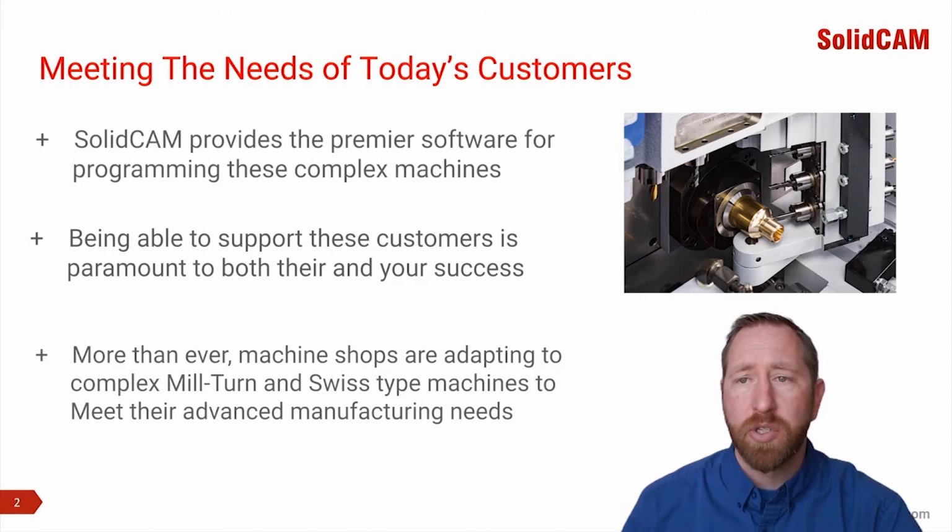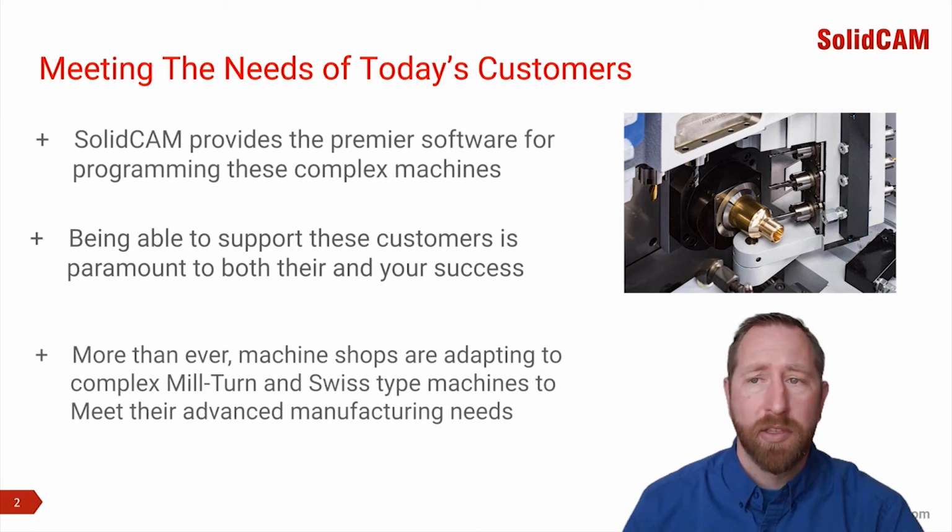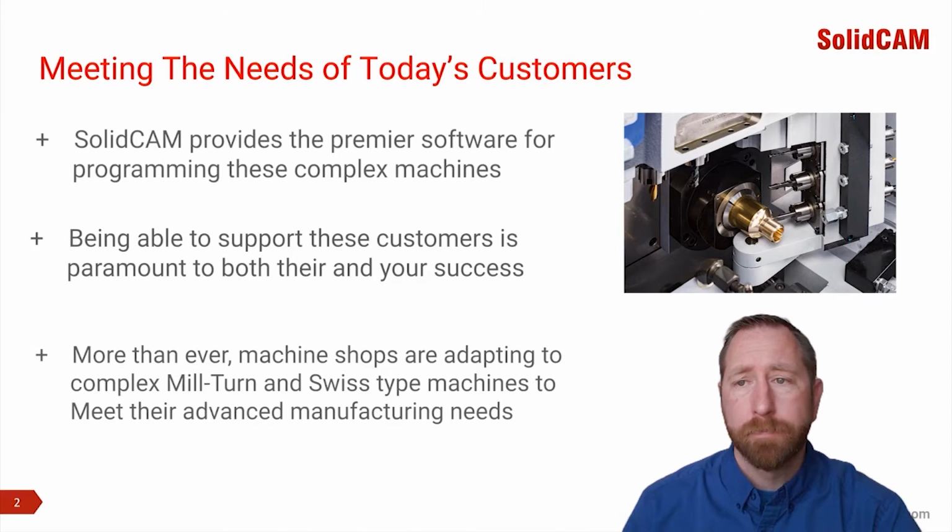CAD packages are also becoming more robust, leading to more complex designs that require more complex machining processes. The use of modular tool attachments can dramatically increase the capabilities of these machines while changing the dynamics of that particular tool station. What used to take a multitude of operations can now be completed in one.